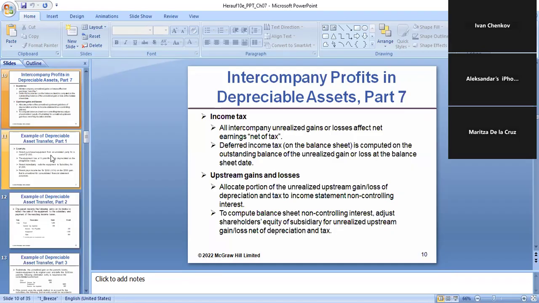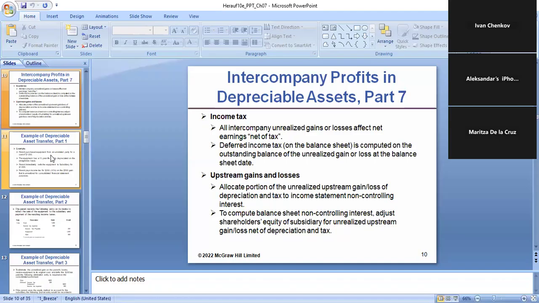There will be an income tax effect on the unrealized gains and losses, which will affect the net income. That's going to create deferred taxes, computed on the outstanding balance of the unrealized gains and losses, which is based on sales that we're not selling to third parties.